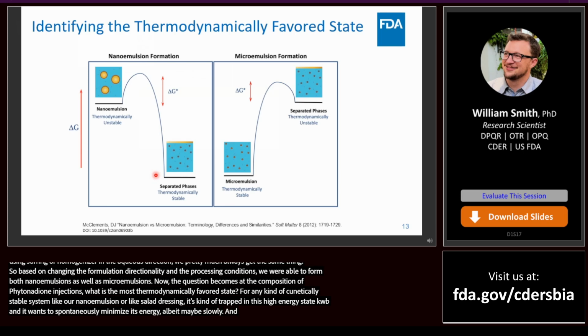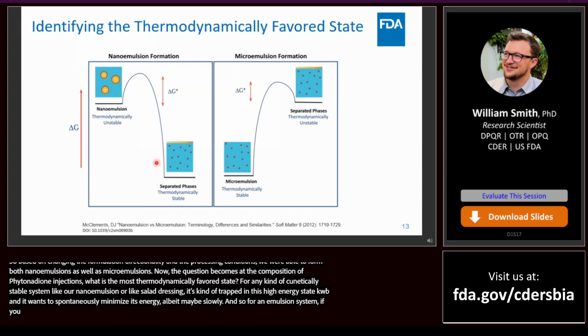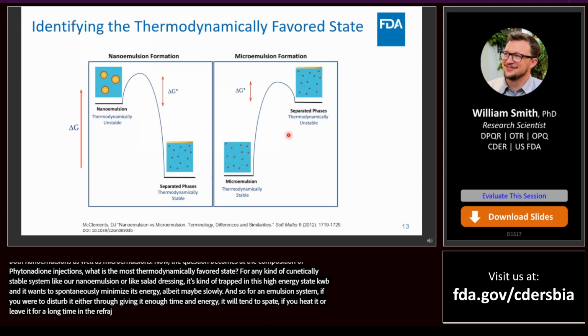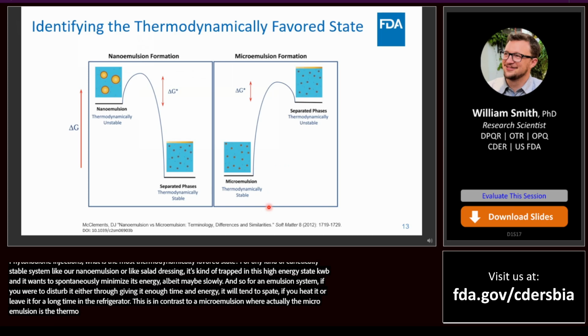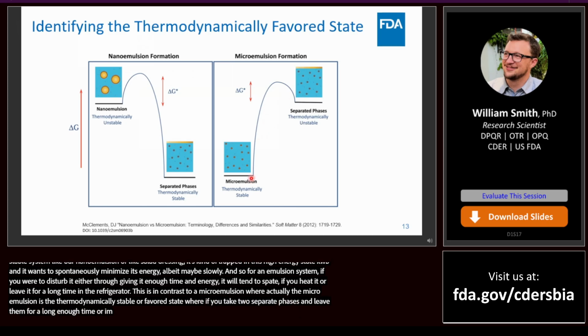And so for an emulsion system, if you are to disturb it either through giving it enough time and energy, it will tend to phase separate, say if you heat it or leave it for a long time in the refrigerator. This is in contrast to a microemulsion, where actually the microemulsion is the thermodynamically stable or favored state, where if you take two separate phases and leave them for a long enough time or impart enough energy, the microemulsion will spontaneously form.